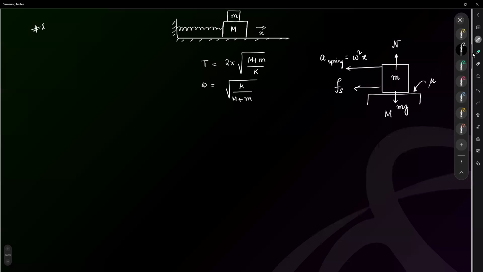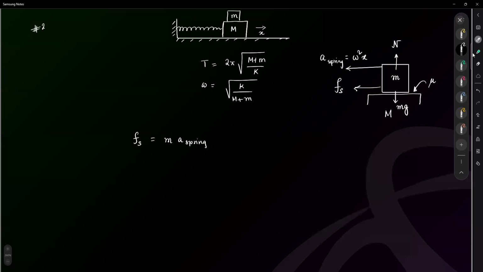Now, the magnitude of the frictional force between the blocks: if we don't want the blocks to slip away from each other, what should it be equal to? That Fs should be equal to m into A of spring.